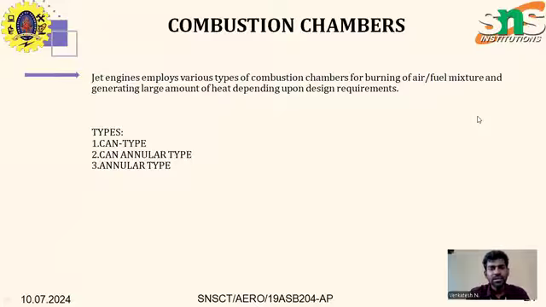The combustion chamber is divided into three types: the can type, the can annular type, and the annular type.